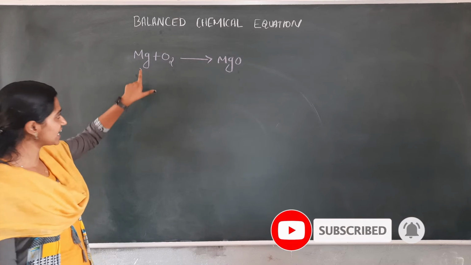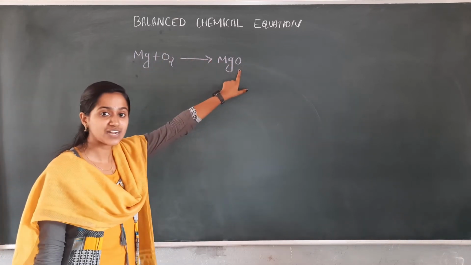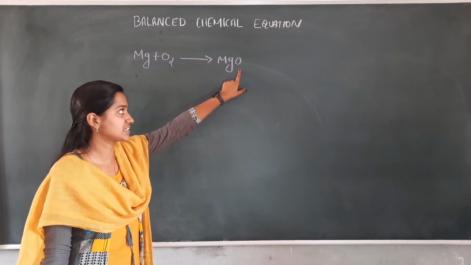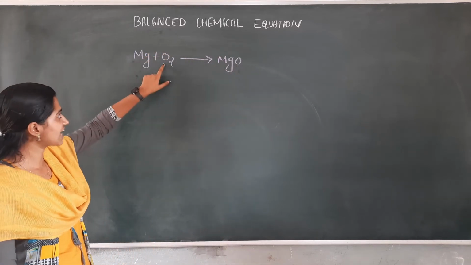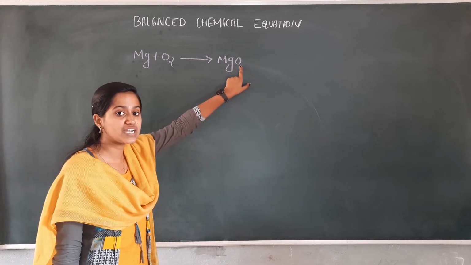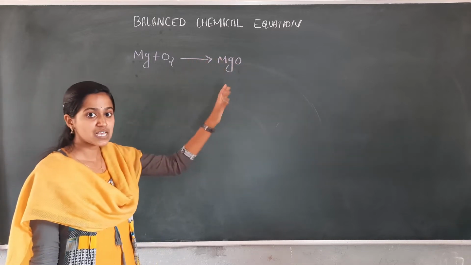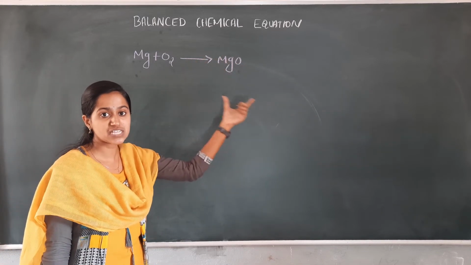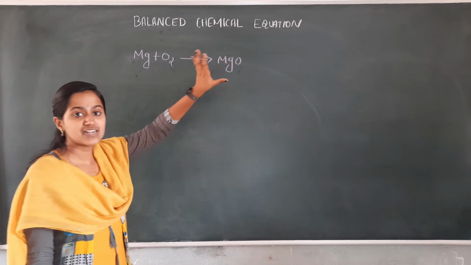On the reactant side there is only one magnesium atom, and on the product side also there is only one magnesium atom. When we count the oxygen atoms, on the reactant side there are 2 oxygen atoms, but on the product side there is only 1 oxygen atom. It means that the number of atoms on either side of this equation is not equal. So it is an example of an unbalanced equation.